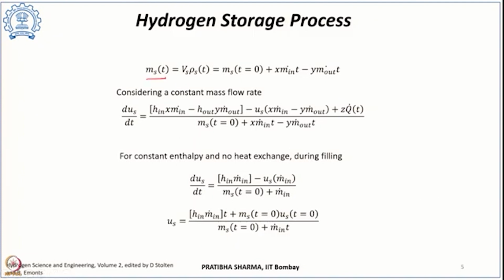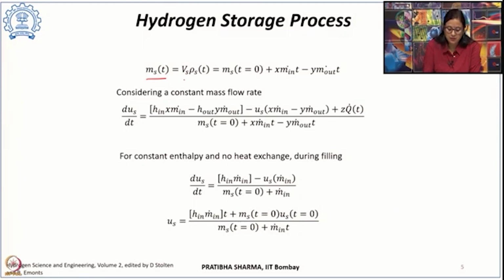So the mass in the storage system is nothing but the volume times the density, and this can be expressed as the initial mass at t equal to 0, at the time of filling or at the time of delivery, plus x times m dot in, the mass flow rate entering, minus y times m dot out, the mass leaving, times t.